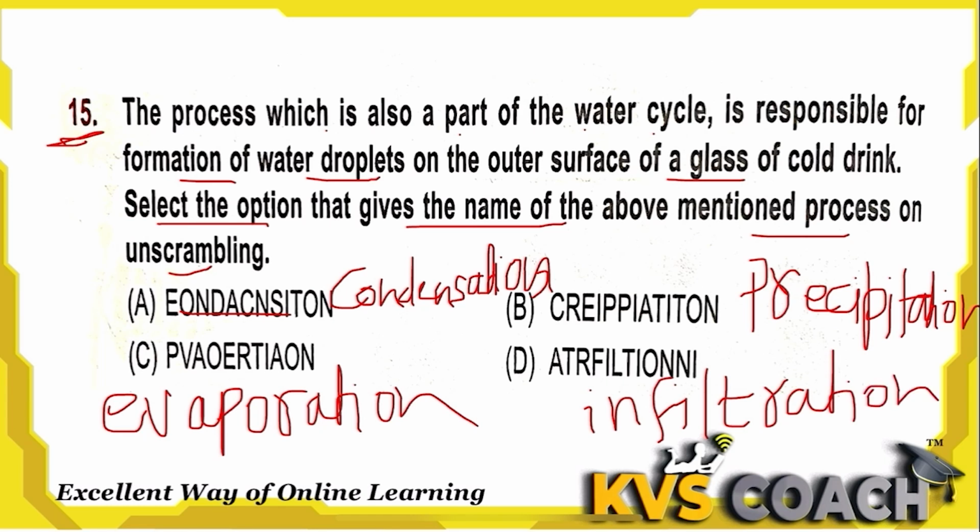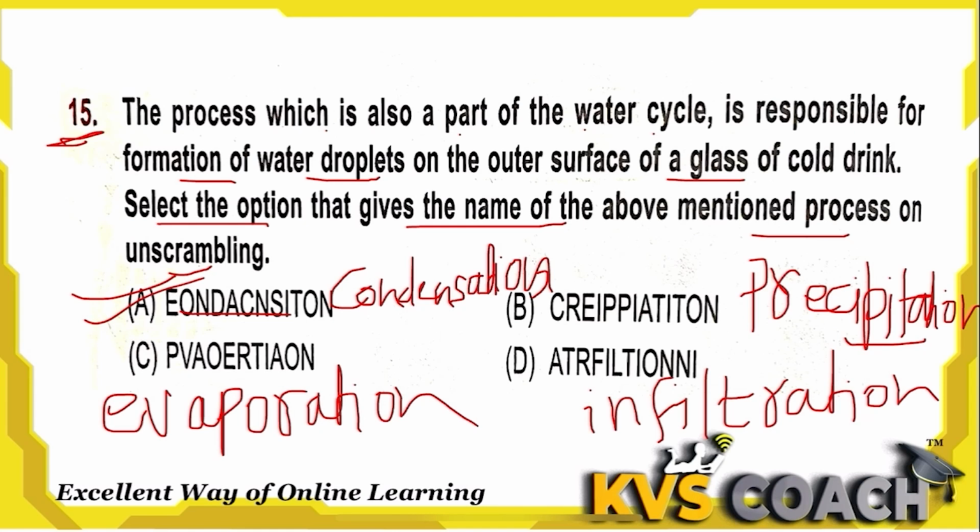So the condensation process is involved in the water cycle and is also responsible for formation of water drops on any cold surface. So that is the right answer. Precipitation, I already told you in an earlier question. I do not remember clearly the number of that question.